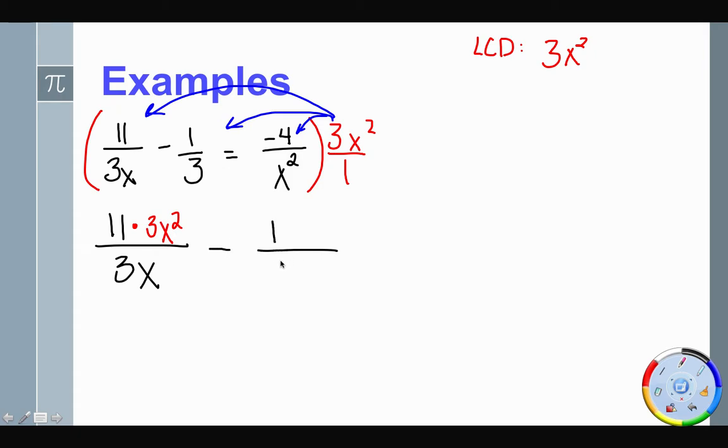We have our 1/3 still, but we're going to multiply it by that 3x squared. And then we still have our -4 over x squared, but we're going to multiply it by 3x squared.